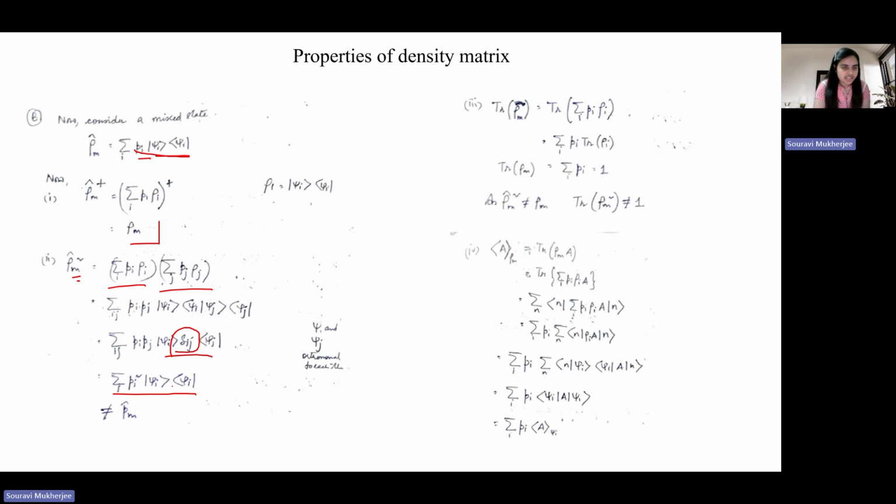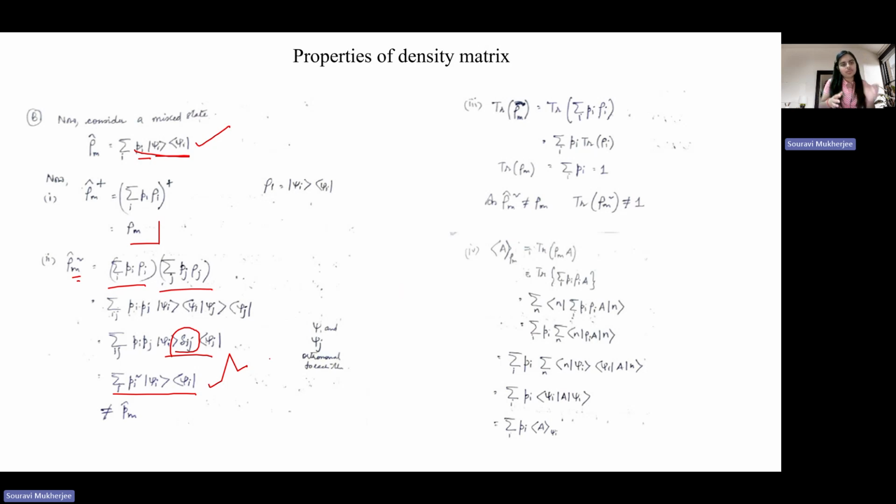You can understand this is not the same as this, right? You had p_i here, and you have a p_i squared here. It's not the same. So for a mixed state, the square of the matrix is not the same as the matrix. If you are given a random density matrix and asked whether it represents a pure state or a mixed state, how will you find out?